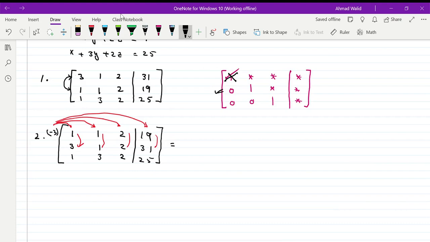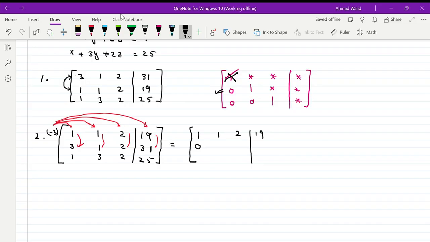I will write only my row 1 because I'm not changing my row 1: 1, 1, 2, 19. Now I'll multiply. Negative 3 times 1 gives you negative 3. Negative 3 plus 3 is 0. Negative 3 times 1 gives you negative 3.